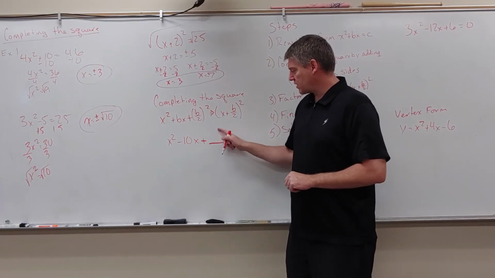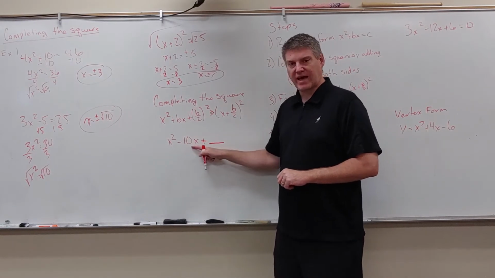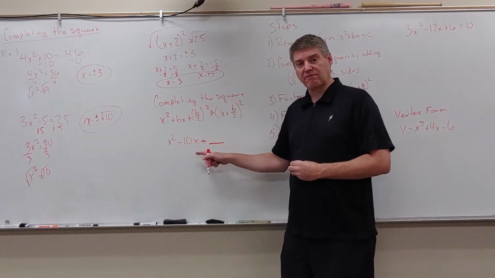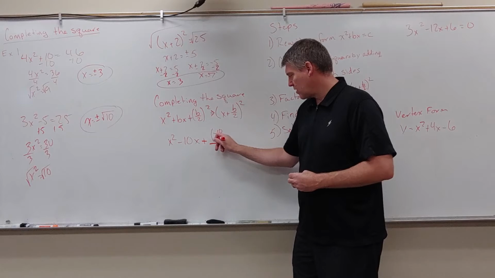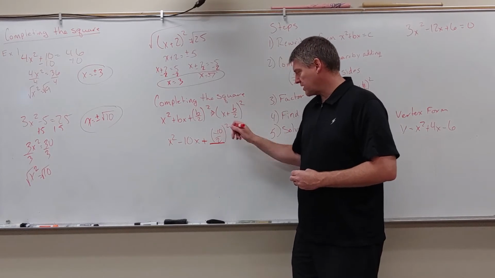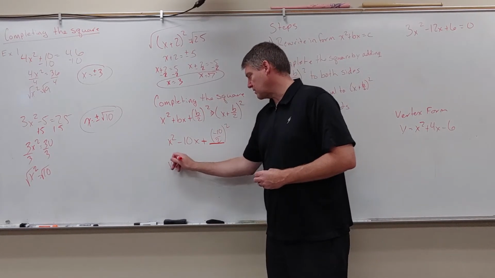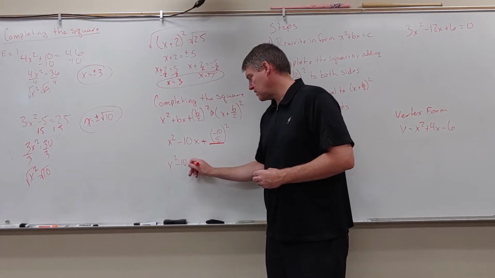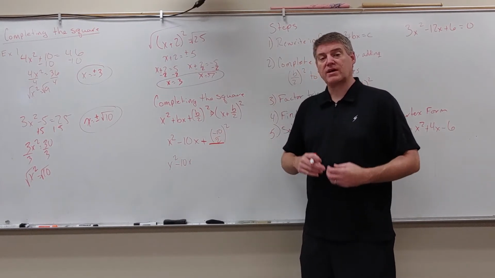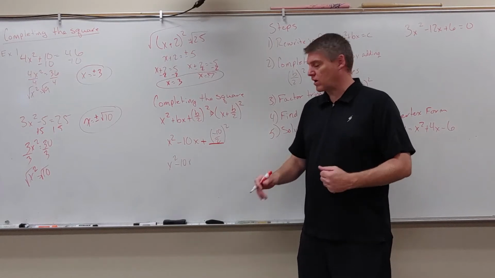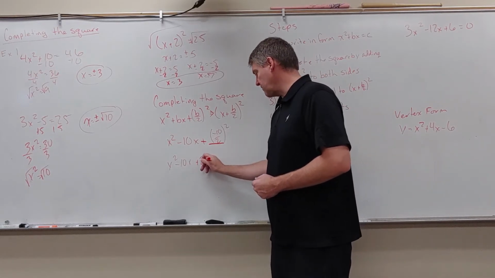So to get this number here, we're going to divide the b in half and then square it. So this is going to be negative 10 over 2 quantity squared. So now, negative 10 divided by 2 is negative 5. Negative 5 squared is 25.